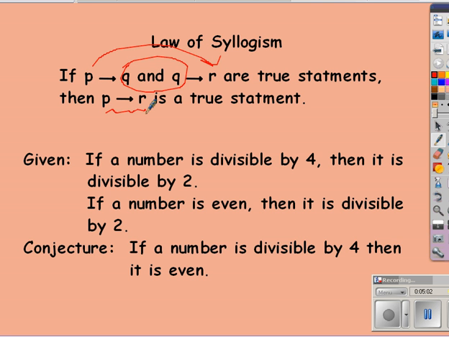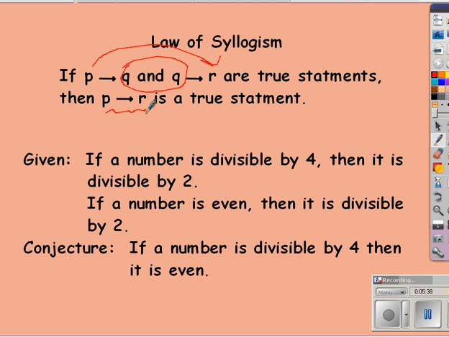As an example of this, I'm given two conditional statements. If a number is divisible by 4, then it is divisible by 2. And if a number is even, then it is divisible by 2. Their conjecture is that if a number is divisible by 4, then it is even. Now, we're not here to decide whether there are any counterexamples. We're just here to look at the given statements and determine, based on the law of syllogism, is this a valid conjecture?